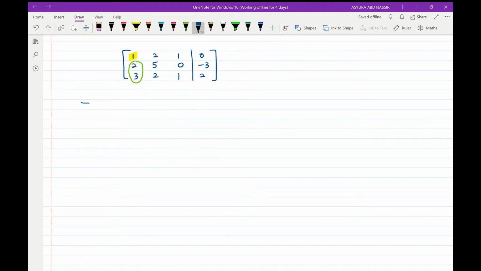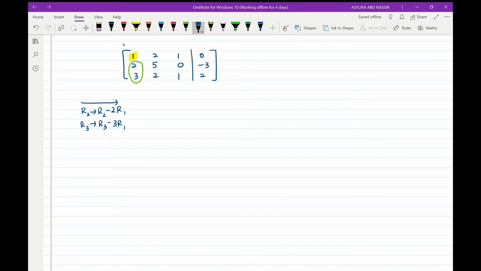Next step, it will be R2 is R2 minus 2 R1, and then another one, R3 is R3 minus 3 R1. Make sure if you want to make it 0, you will minus with your number.